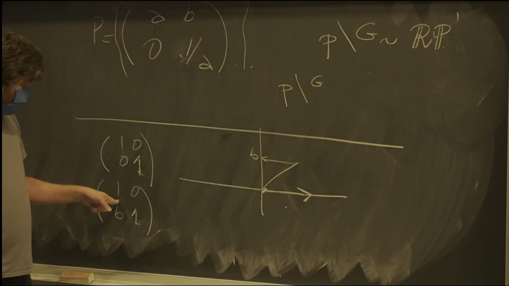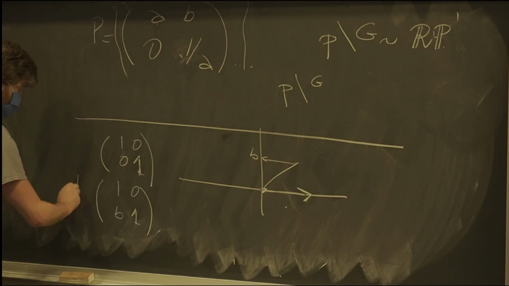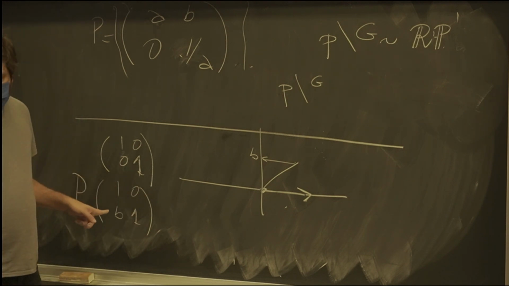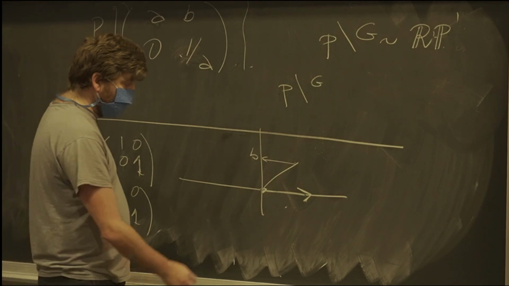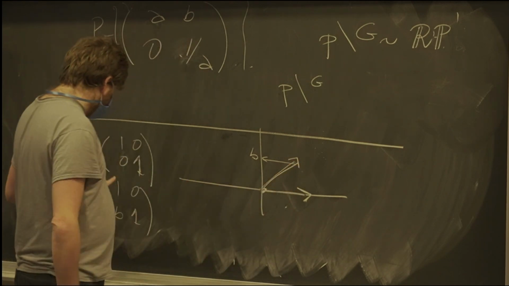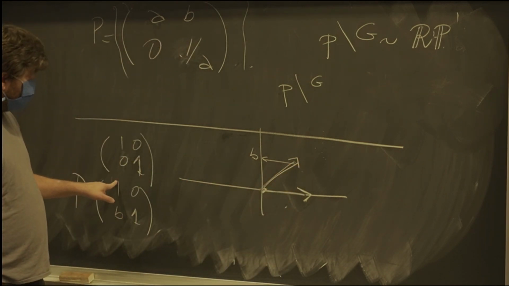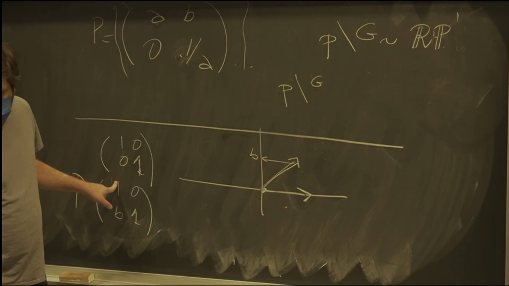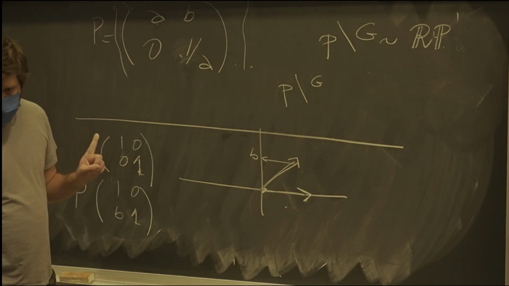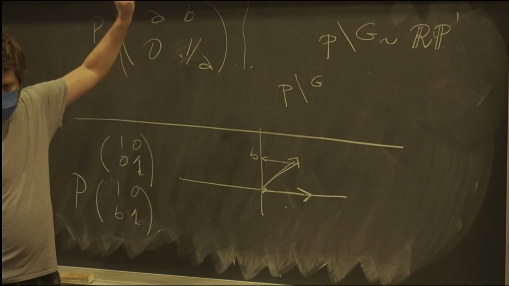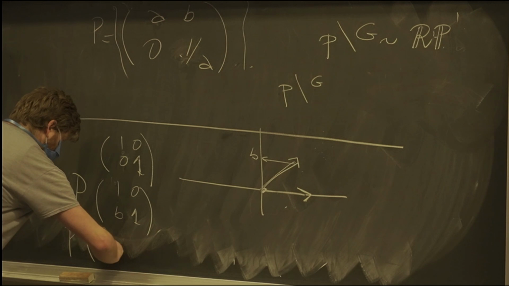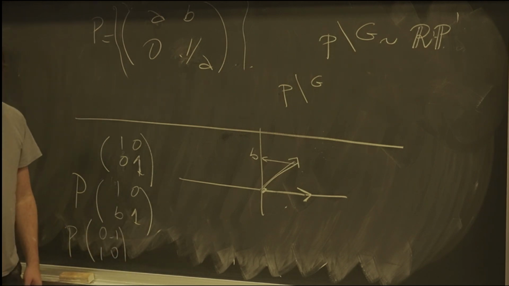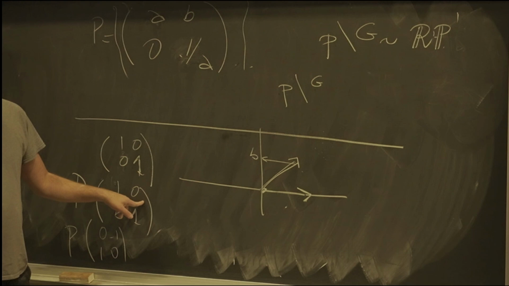And each of these has a unique class P times this element. So in this way I have an identification of each vector 1B with an element in G mod P. I am missing only one element, which is the purely vertical one, the class of P times 0, 1 minus 1, which I'm not counting here.